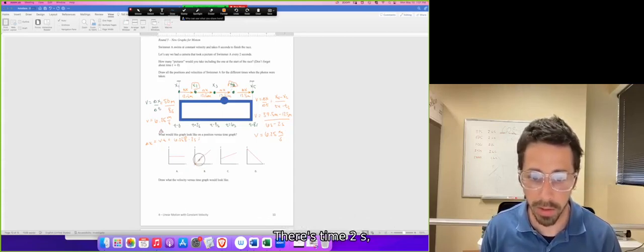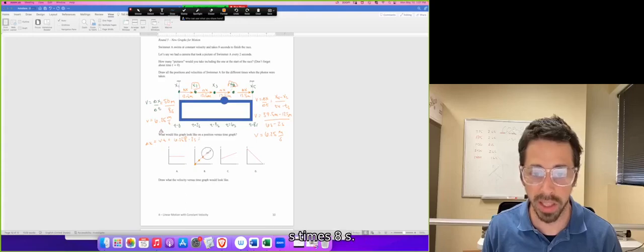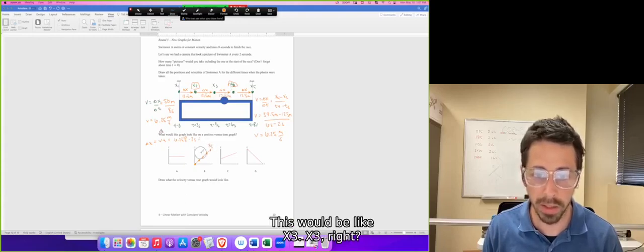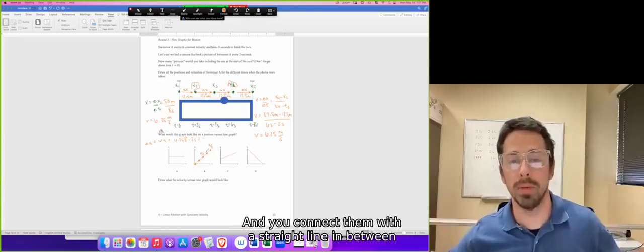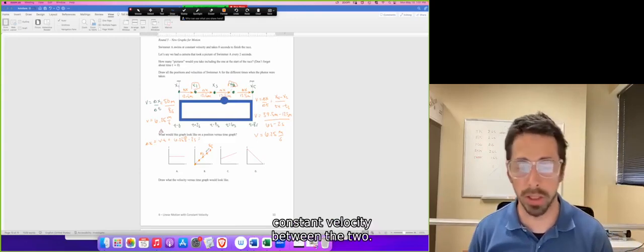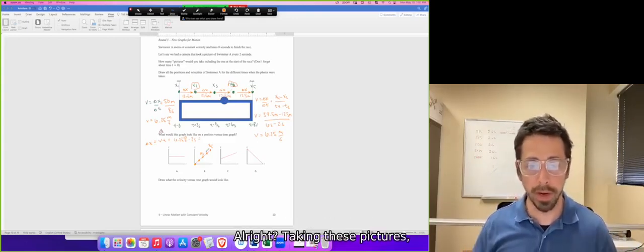There's 0, there's time 2 seconds, time 4 seconds, time 6 seconds, time 8 seconds, right? So this is x5, this would be like x3, and you connect them with a straight line in between because we're assuming we have constant velocity between the two, right?